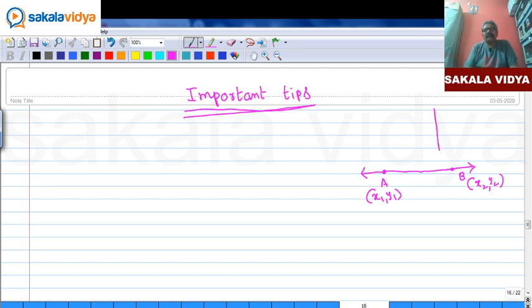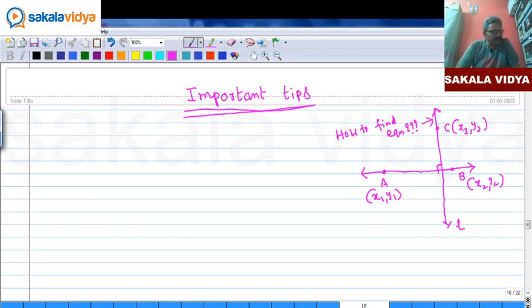Then we need to find, for example, a line which is perpendicular to this line. It is not a perpendicular bisector, just perpendicular. Say this line is L, passing through the point C (x3, y3). Now, how to find the equation of this one?